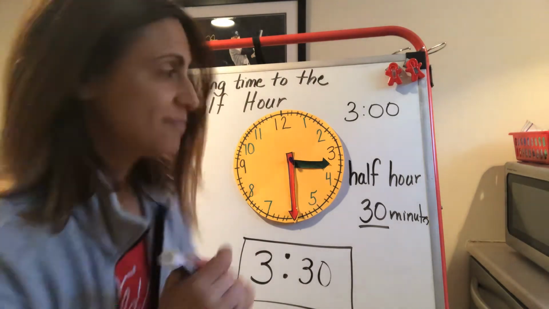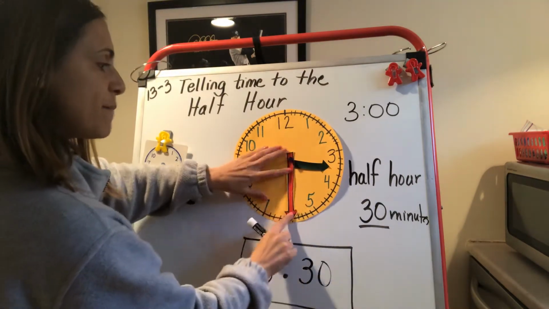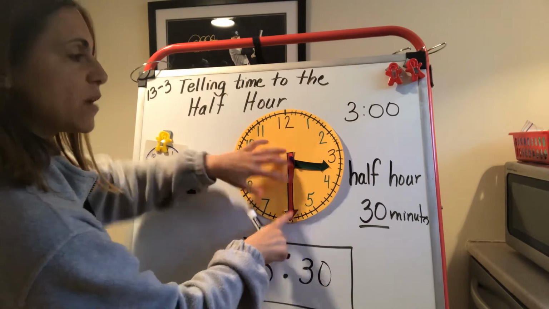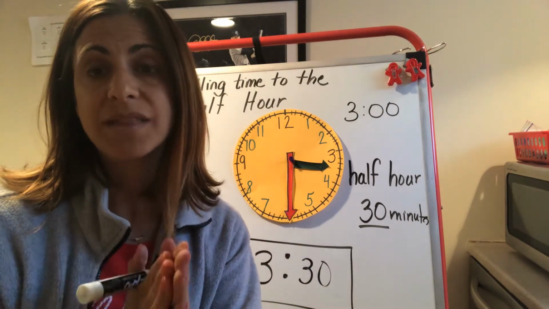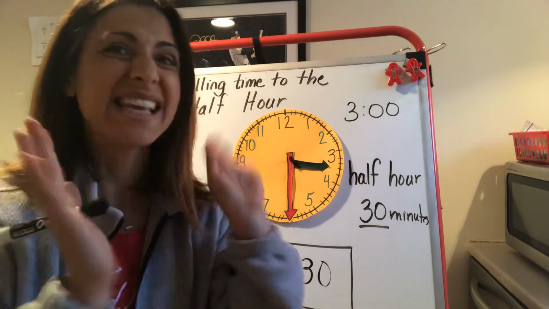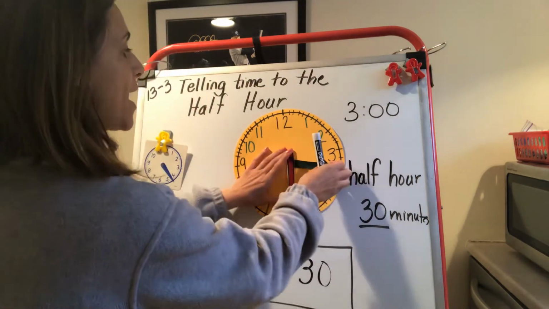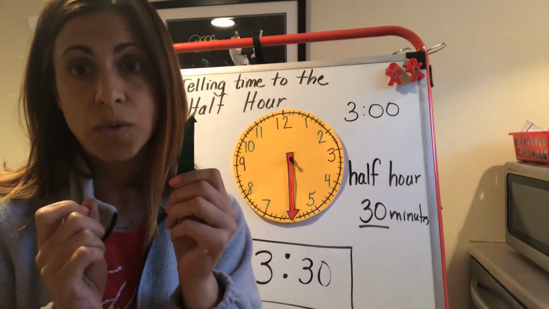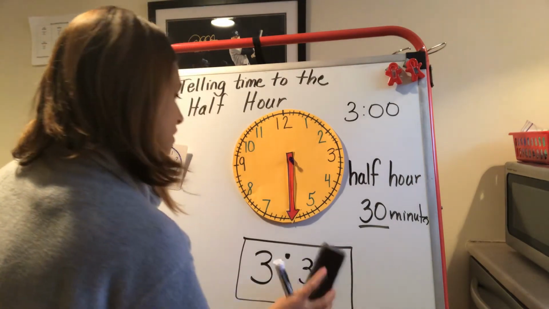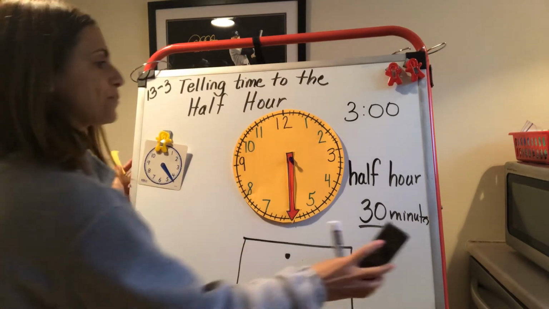Let's try another one. I'm going to leave my minute hand here on the 6 because when we're practicing half hour, you have to know that the minute hand is going to be on the 6. So I'm going to keep it there. I'm not going to move it. What I am going to move is the hour hand. Okay? Slowly. Let's try this another time.